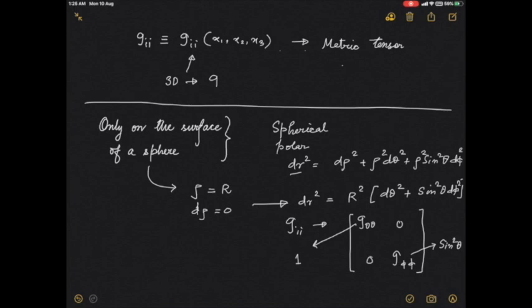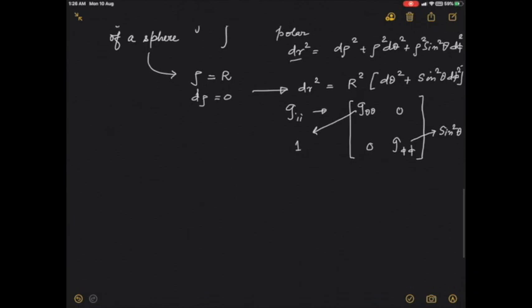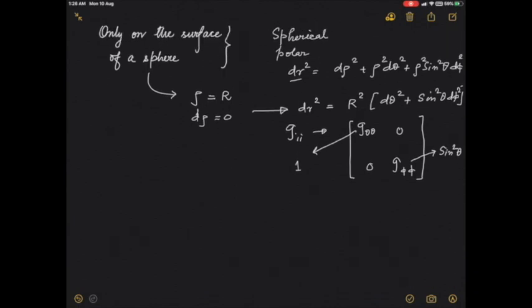Let us try to see what happens if I try to write down the same metric in terms of the cylindrical polar coordinate system. You see, here what happened is I started with the three-dimensional system, the metric in the three-dimensional coordinate, and then I imposed a condition.